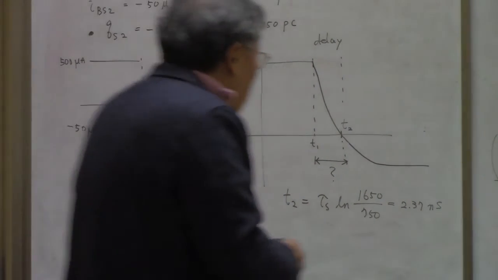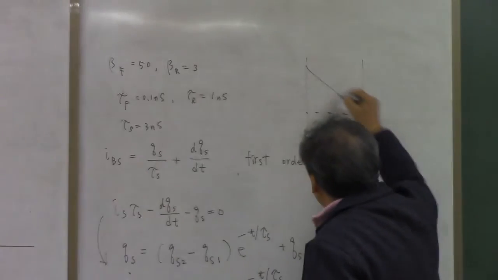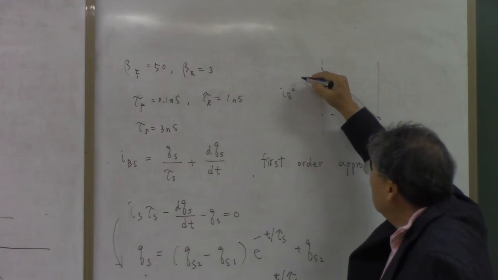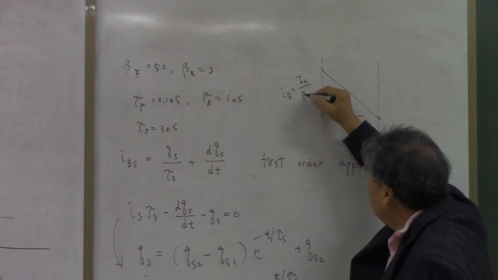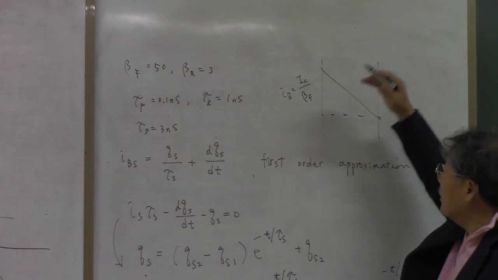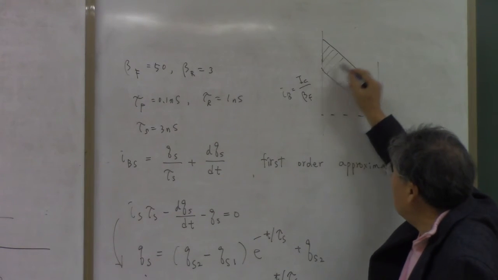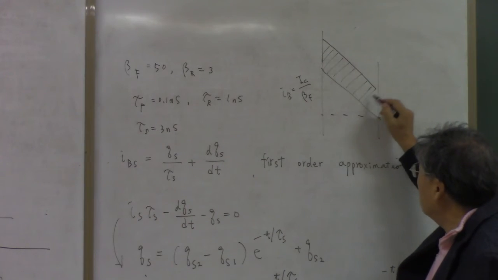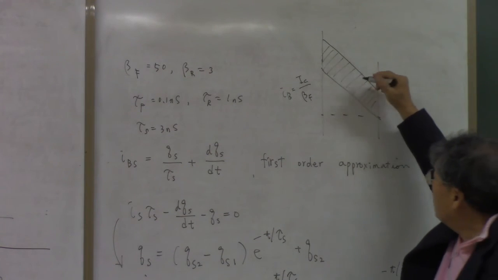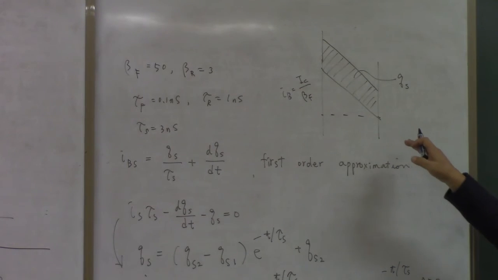Then we know that we have the base current, which is just IC over beta F. And if you go beyond this application of the voltages, then the slope is going to be the same, but this slope is related to the current, by the way. But you do have some charges stored in your base.